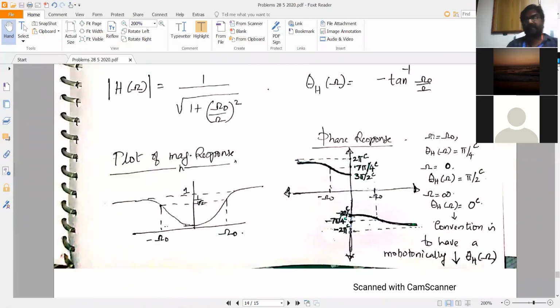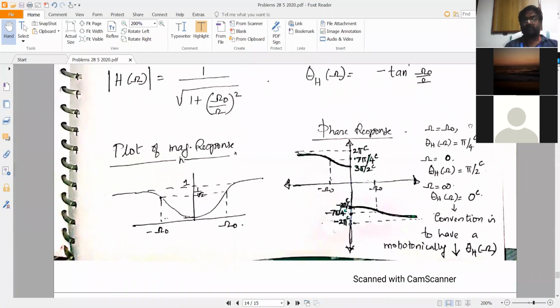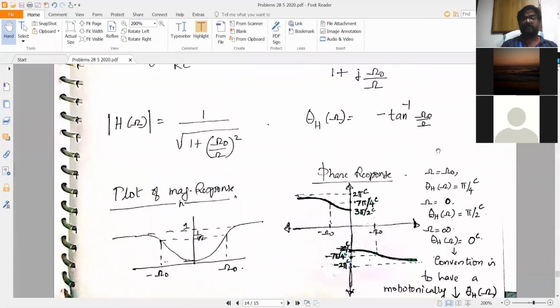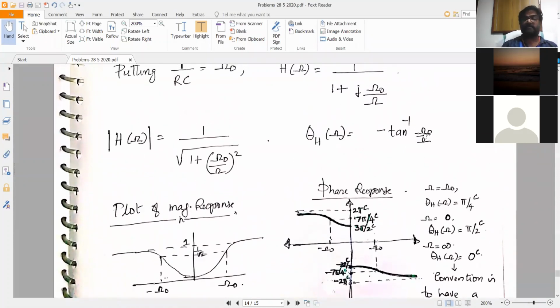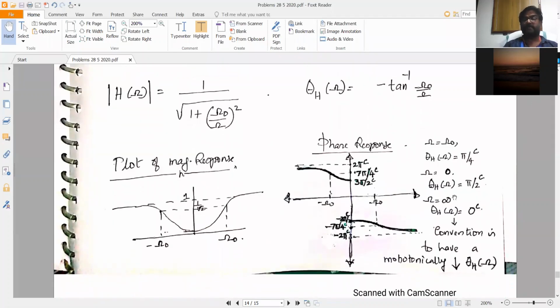Now let us look at the frequencies. At omega equal to omega 0, theta h of omega is equal to, I should have written this as minus pi by 4 radian. And at omega equal to 0, theta h of omega is equal to pi by 2. And at omega equal to infinity, theta h of omega is equal to 0 radian. So these are the values that we get.